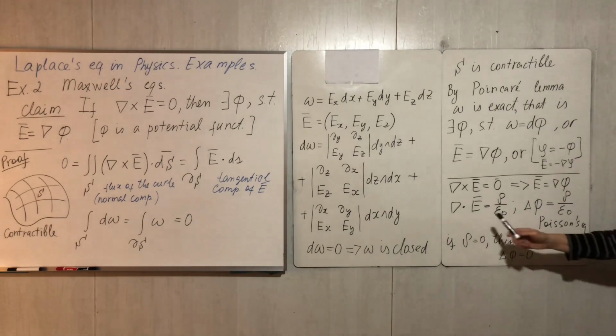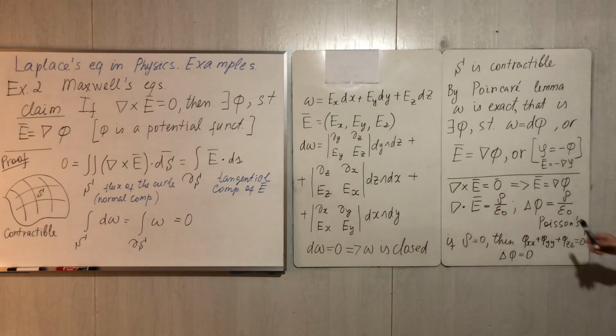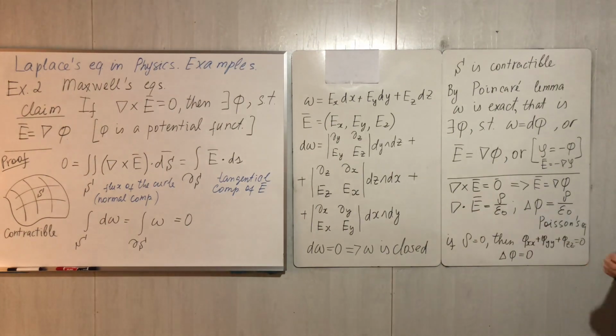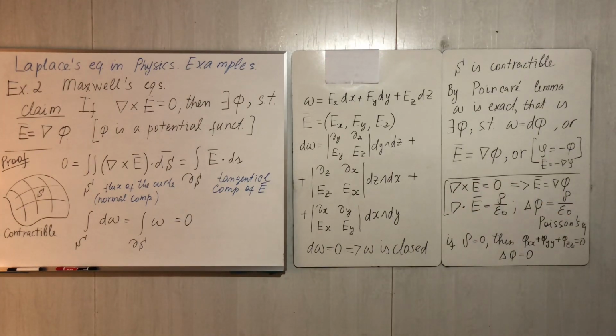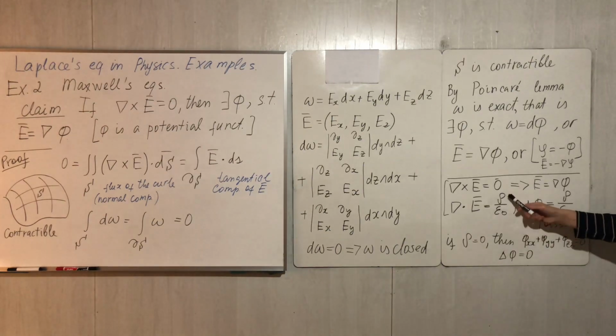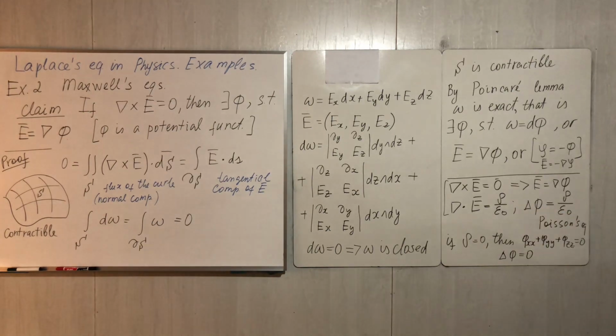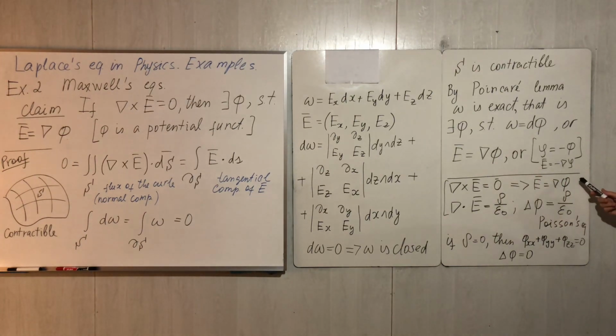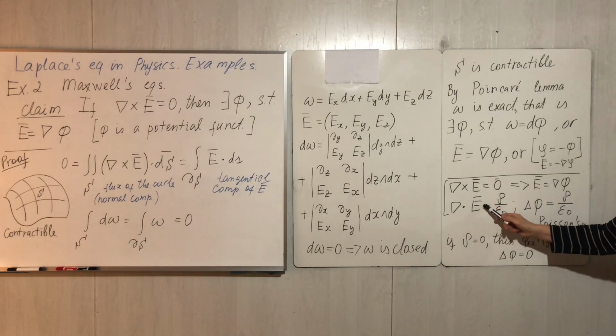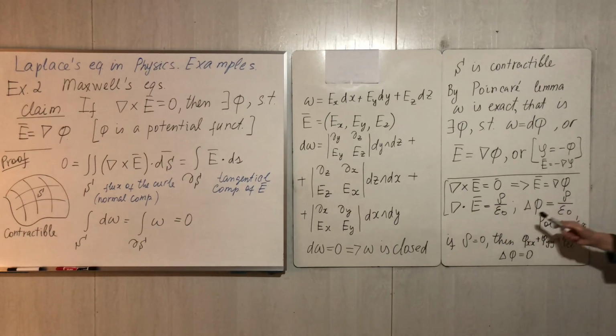And now let's go back to our electric quasi-static approximation. We had these two equations: curl E is 0 and divergence E equals rho over the electric constant. From the first equation we got that our electric field is a gradient field. If we plug this into the second equation, if instead of E we plug in gradient phi, then we get that the Laplacian of phi equals rho over the constant.